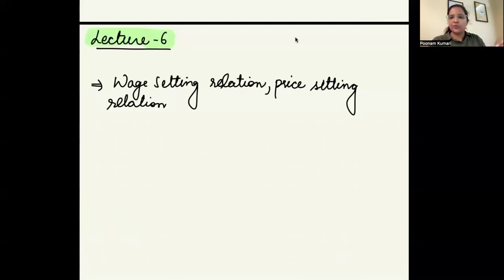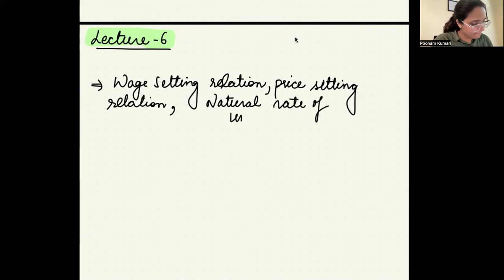We made a diagram to understand these two things, and we said that wherever both are in equilibrium, we get a natural rate of unemployment. It is the rate of unemployment where, in the labor market, both the labor suppliers and the labor demanders, which is the firm, are in equilibrium.